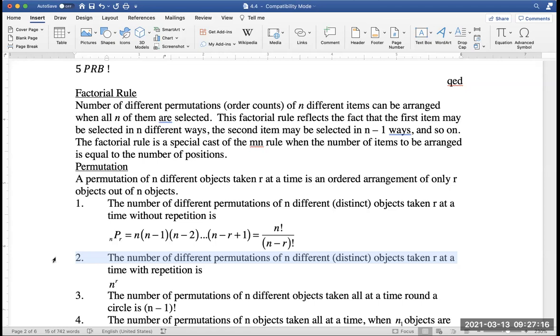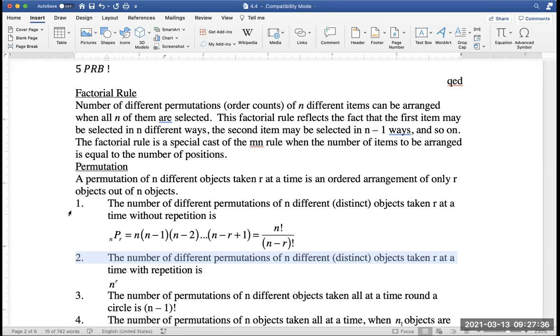The choice is still 10 books, and for the third one, it's still 10 books. So 10 times 10 times 10. If I'm allowed to do this with replacement, then it's just 10 cubed.